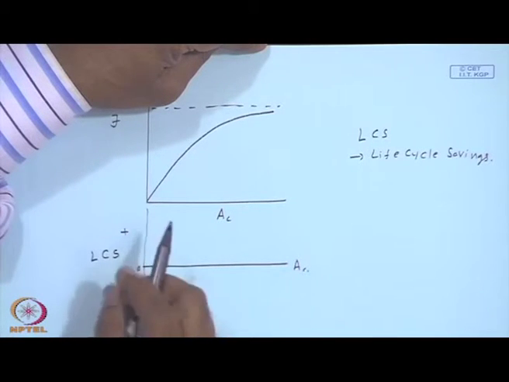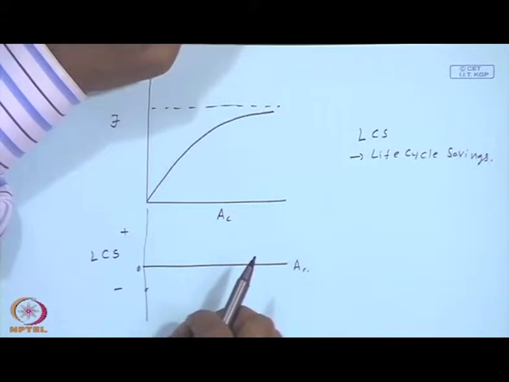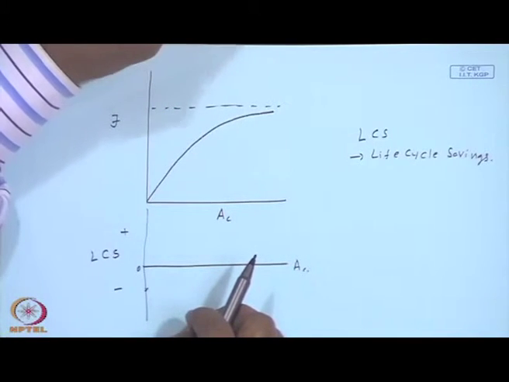Life cycle savings in simple terms can be defined as, in the lifetime of the solar energy system, how much money it is going to save. So, you have to take into account the investment, interest on the investment, and these are all expenses, plus the maintenance, but what is on your credit side is the saving of the fuel, and if this is high compared to the expenses, then you have a positive life cycle savings over a period of 20 years.